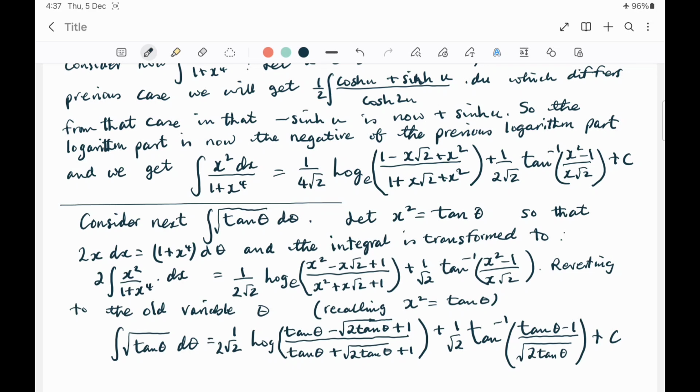And reverting to our original variable theta, recalling that tan theta is equal to x squared, we'll simply now get the integral of root tan theta d theta is 1 over 2 root 2 log of (tan theta minus square root of 2 tan theta plus 1) over (tan theta plus the square root of 2 tan theta plus 1), and then 1 over 2 root 2 inverse tan of (tan theta minus 1) over square root of 2 tan theta, plus a constant c. And that does it. Thank you for listening.